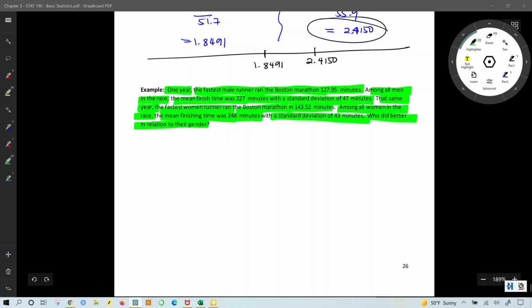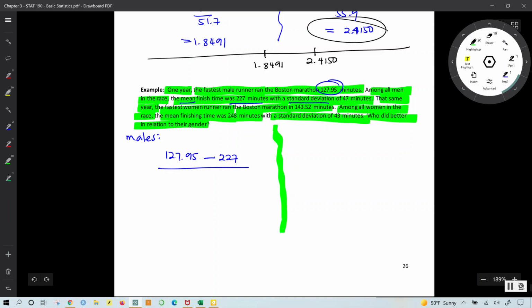Well, since they run in different scenarios, for the males, the fastest was 127.95. I am going to subtract the mean of 227 minutes, divided by the standard deviation of 47 minutes, to get the z-score for the fastest male runner. The answer here is negative 2.1074.